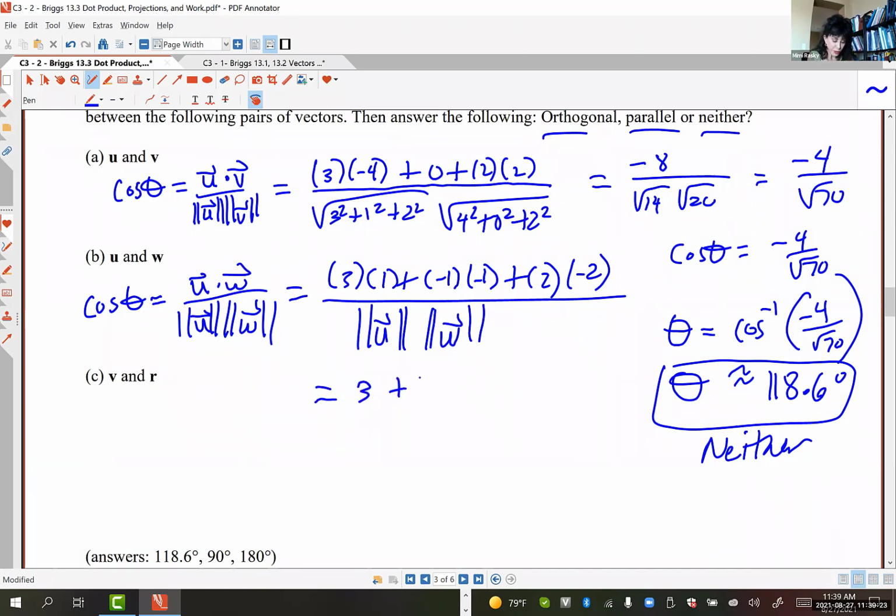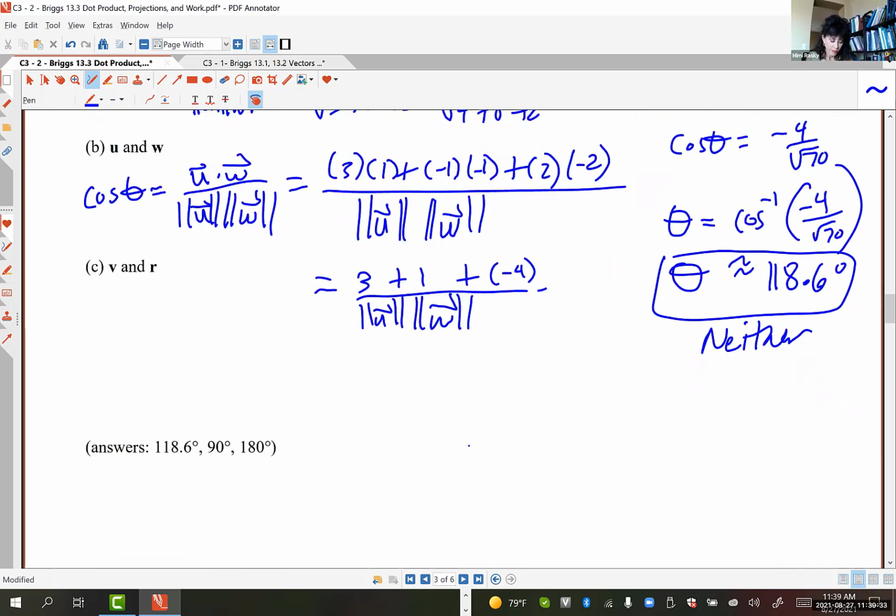If you look at the numerator, what does that add up to? Zero. All right. Now, what is zero divided by a positive number?